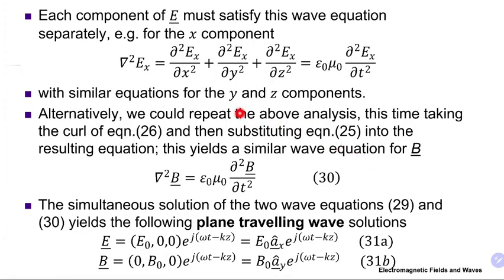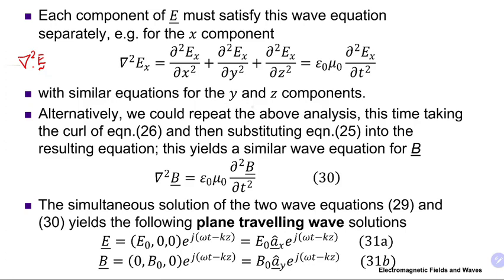So del squared of E, where E is a vector. A vector has three components, x, y, and z, so we can break them down into their components. Here we are just looking at the x component. So we have del squared E of x over del x squared plus del squared E of x over del y squared plus del squared E of x over del z squared, and that will be equal to epsilon naught mu naught times the second time derivative of the electric field in the x component.